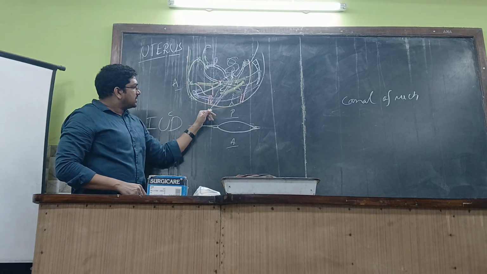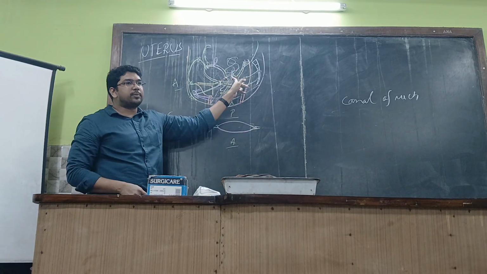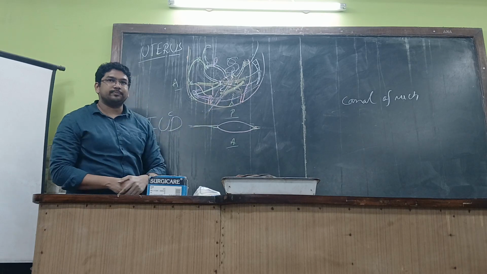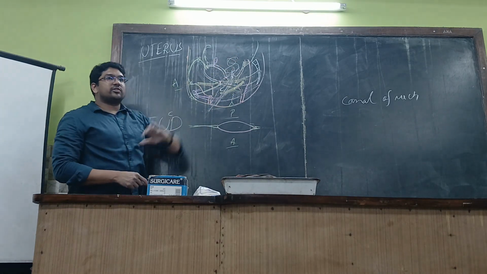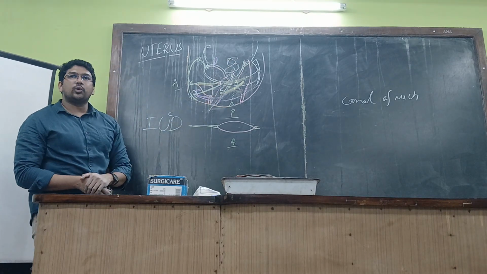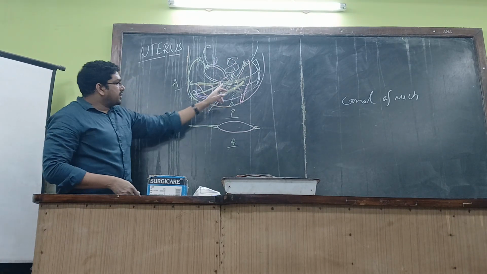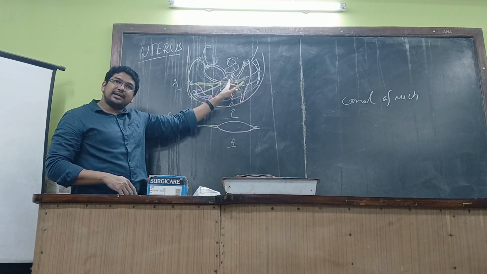But the gynecologist may perforate straight away through the posterior vaginal wall, leading to its perforation. So again the intestines might herniate over here. This happens if the gynecologist does not know the proper anatomy.